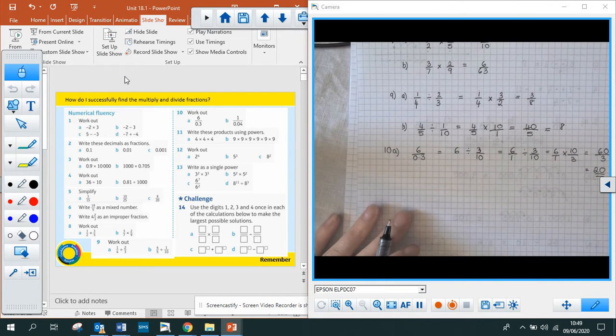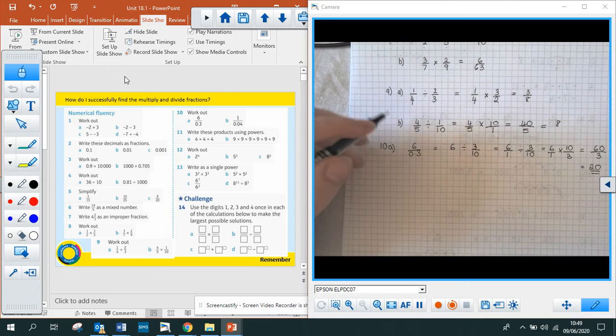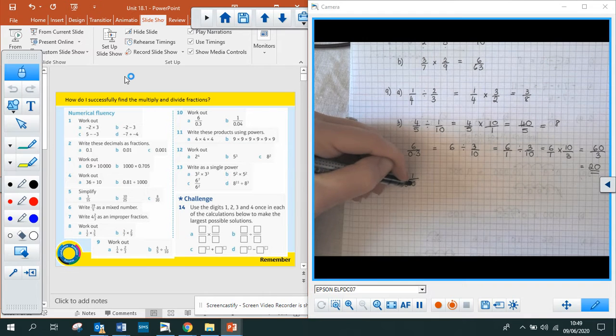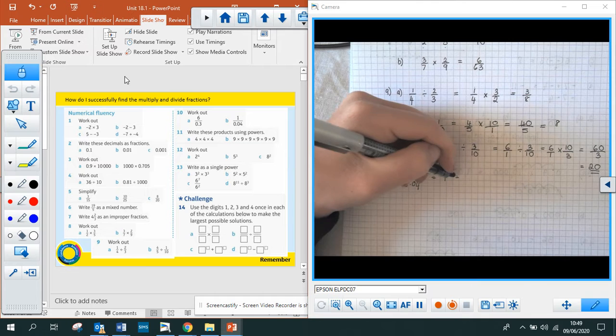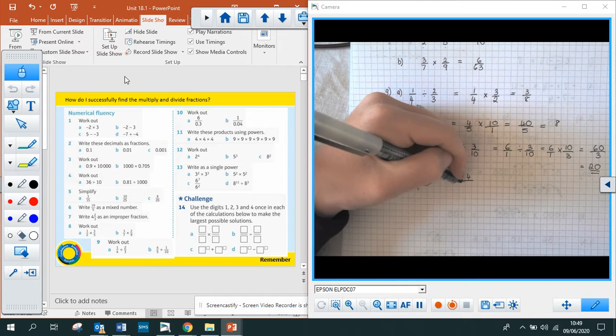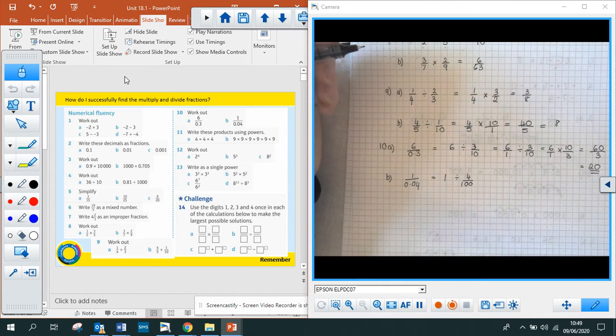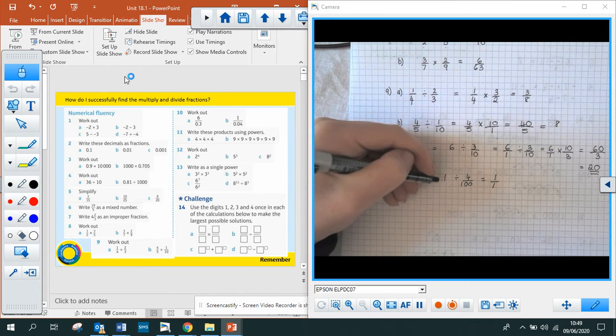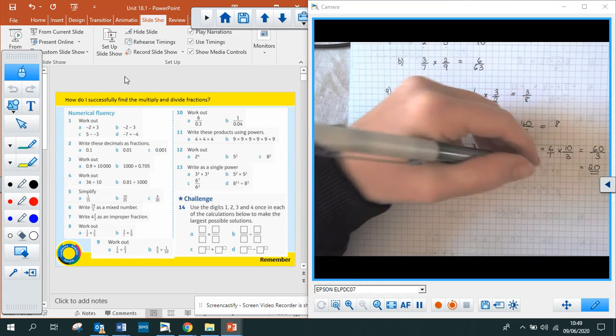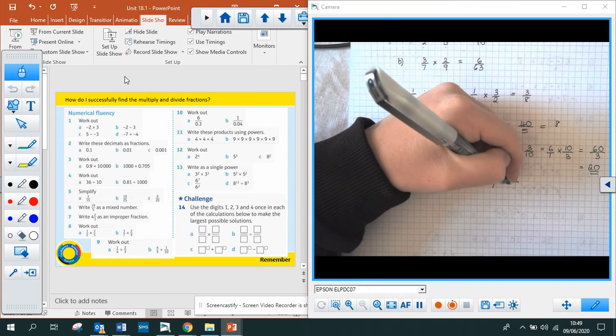10b. We have 1 over 0.04, which is the same as 1 divided by 4 over 100, because 4 over 100 is equivalent to 0.04. My rules: 1 over 1 is changing 1 into a fraction, divided by 4 over 100.